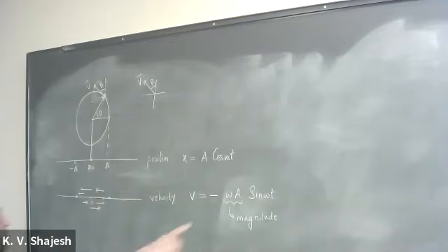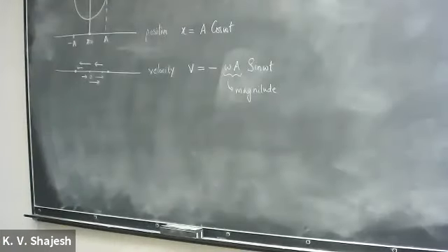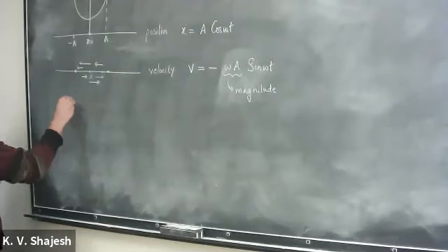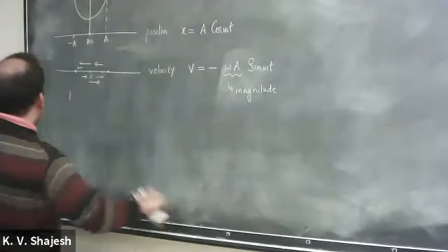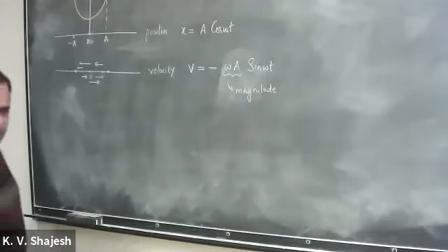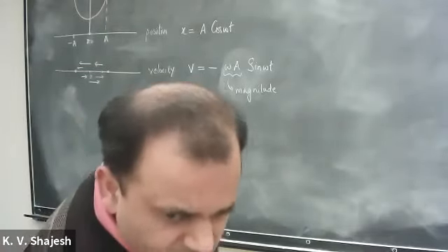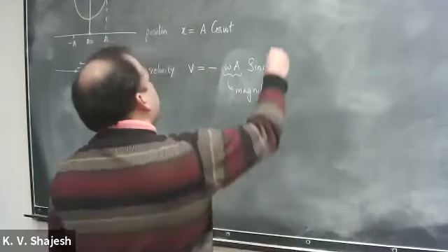And that should match with this. So let's plot sine of omega t and see if this matches whatever we are talking about. So if I were to plot velocity, first of all, for reference, is there more space? I think I can plot it here.